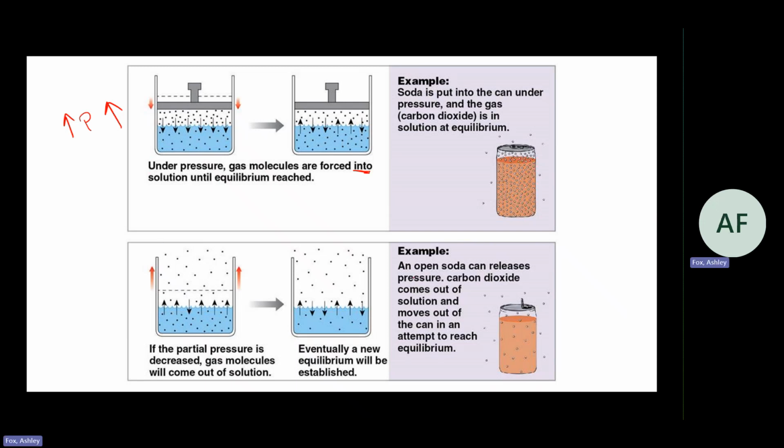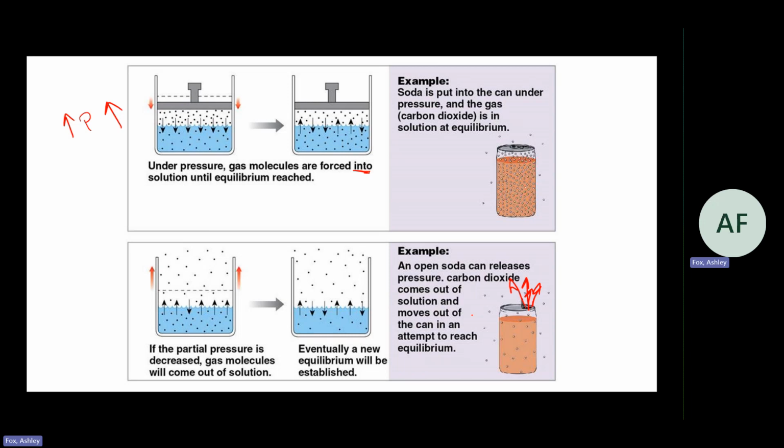Then when you open the soda can and just leave it, now there's a lot more movement of the carbon dioxide, so there's a lot lower pressure because the carbon dioxide can leave through the opening of the can. So carbon dioxide is going to go from high concentration or high pressure to low pressure, so it's going to move out.